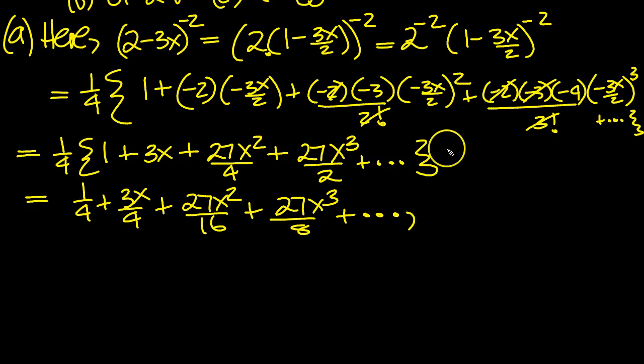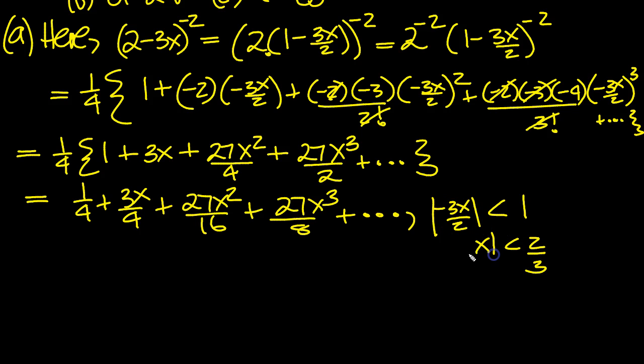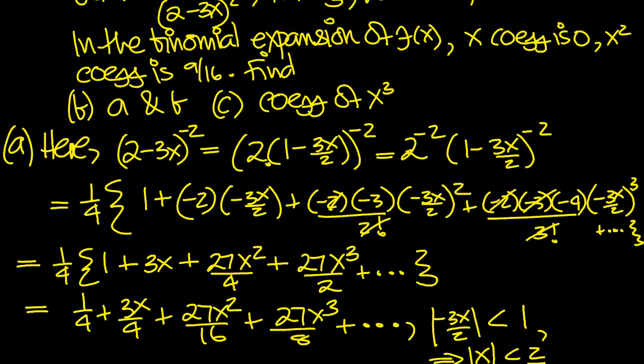It's equal to that, provided that this term in here, modulus of, is less than 1. So let's take the 2 up and the 3 down. We can drop the minus because it's a modulus, and we simply get modulus of x is less than 2/3, which is what we wanted. So that's part A done and complete.